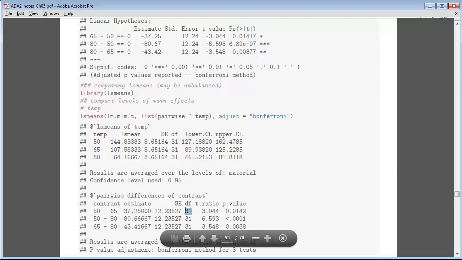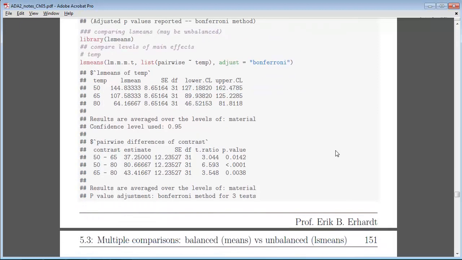This tells us what the degrees of freedom is. We have a t-statistic and then the same p-value. So we're getting the same answer. In addition, lsmeans gives us the cell mean for that temperature, as well as a confidence interval, so it has a little bit more information. It also tells us how the p-value was adjusted in the output and how the results are averaged over the materials.